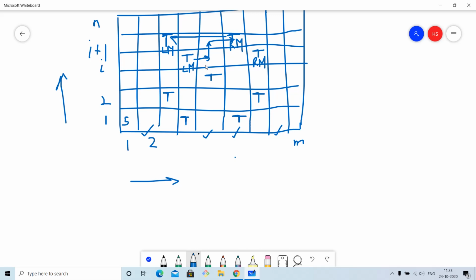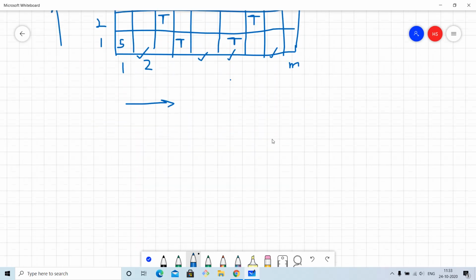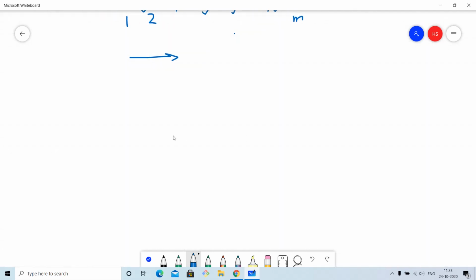These two situations are for going from the leftmost treasure to the leftmost treasure. There will be another two situations going from the rightmost treasure to the leftmost treasure, another two going to the right, and another two going from the left to the right. So in total, we will have these situations.